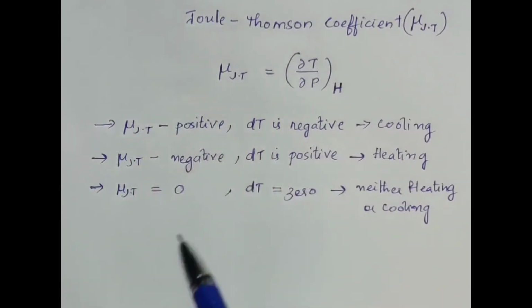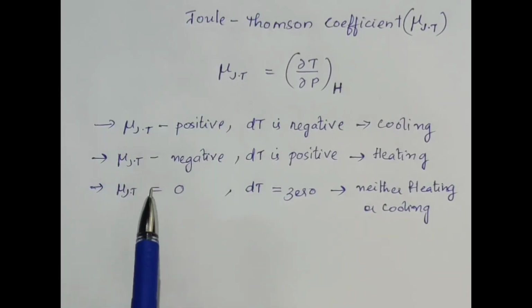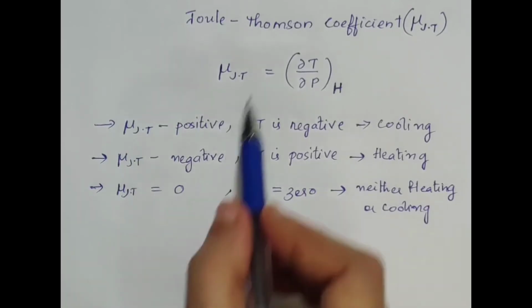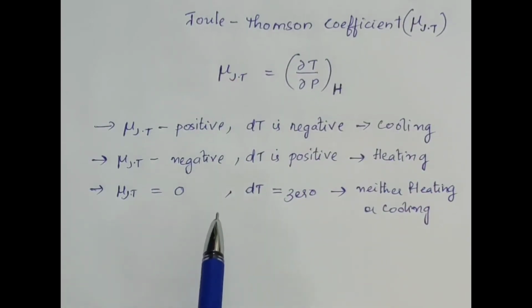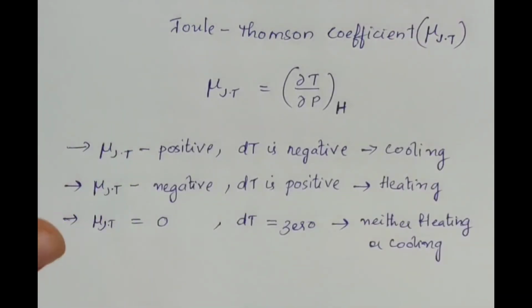And this point is called the inversion point. It is the temperature at which the Joule-Thomson coefficient, dou T by dou P at constant H, of a gas becomes 0, known as the inversion temperature. We can define it like this also: a gas gets cooled by Joule-Thomson adiabatic expansion only if its temperature is below a certain temperature.